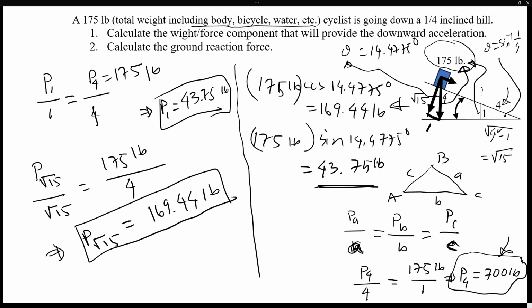Now, regardless of whether you use sine law or cosine law, you have to understand the force. In this case, it is the resultant. This 175 is the total force available that is transferred into two different directions: one providing the downward acceleration, the other providing the ground reaction.